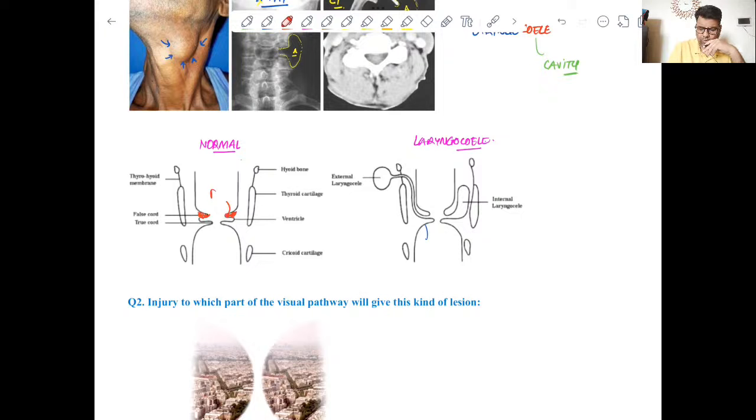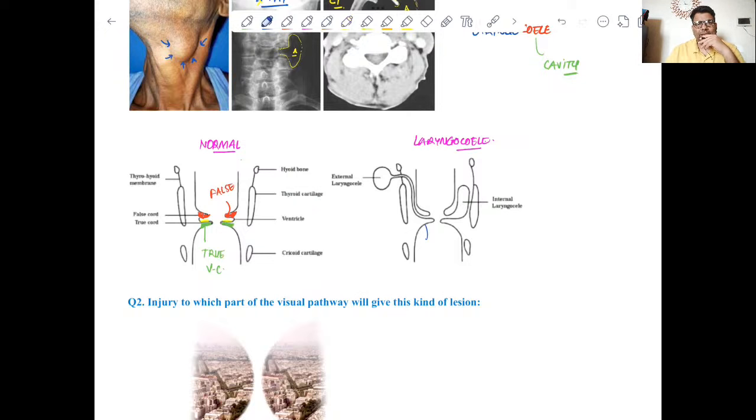This is the false vocal cord, and below that there is the true vocal cord. Now in between the two we can see a space, and this space is actually known as the ventricle. So between the false vocal cord and the true vocal cord there is ventricle.